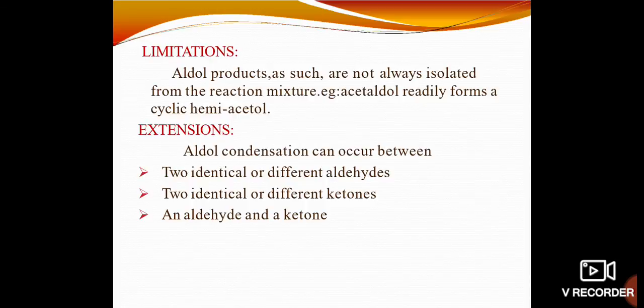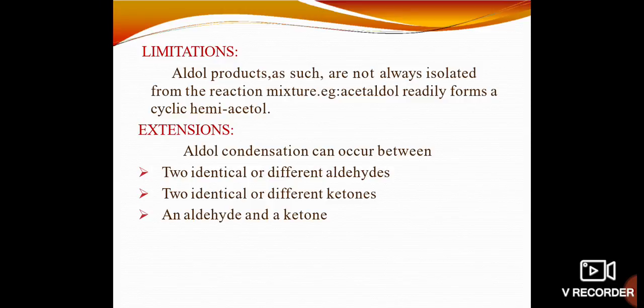Limitation. Aldol products as such are not always isolated from the reaction mixture. That is, the aldol readily forms a cyclic hemiacetal. These are the limitations and extensions. Aldol condensation can occur between two identical or different aldehydes, two identical or different ketones, or an aldehyde and a ketone.